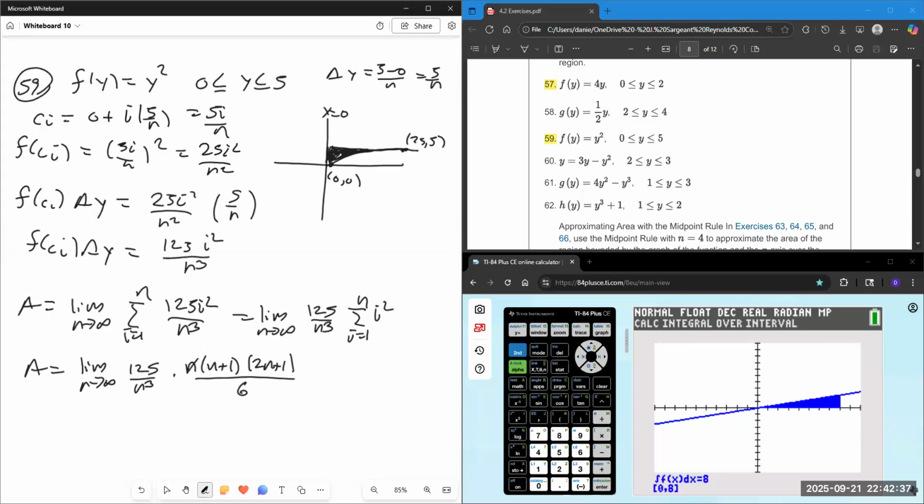And this is the limit as n goes to infinity of 125 over 6 times, this is n squared, 2n squared plus 3n plus 1, so the limit as n goes to infinity of 125 over 6 times 2 plus 3 over n plus 1 over n squared.